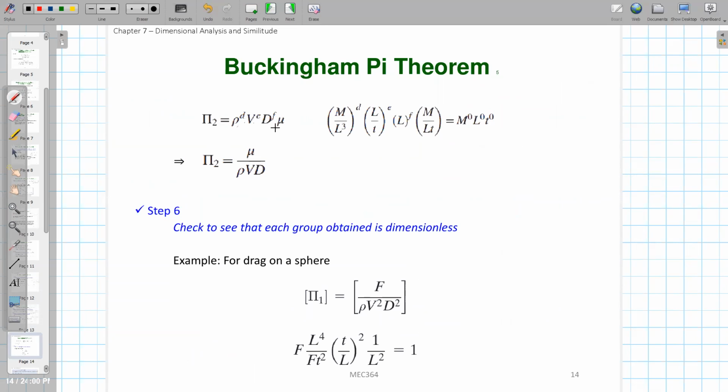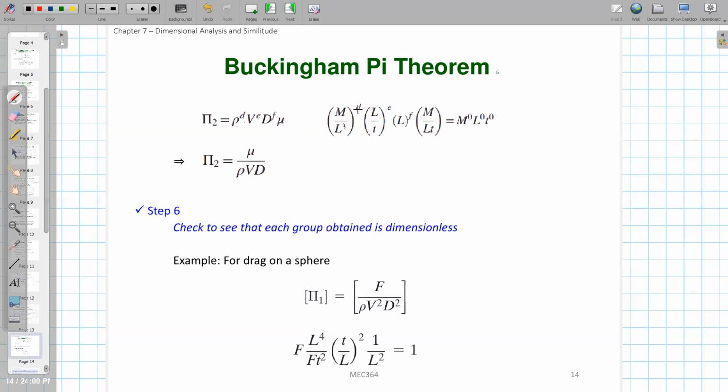Okay, and again, you substitute the dimensions for the rho, V, D, mu. Rho will be mass over length cubic, V is L over t, D is the length itself, and mu is mass over LT. You do it here, and the result should be dimensionless.